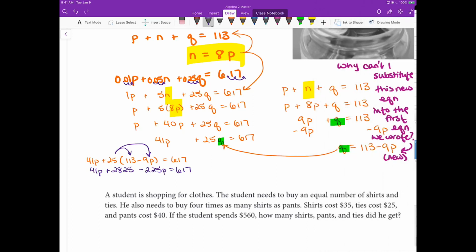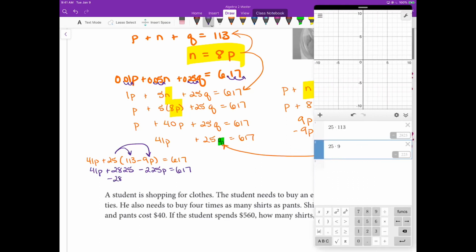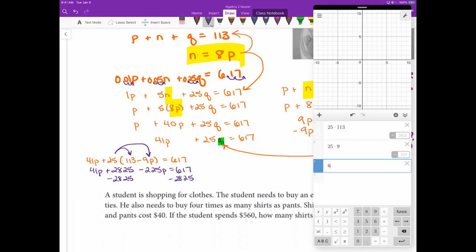We don't need the calculator anymore. Maybe we will. So subtract 2825 from both sides. So 617 minus 2825, and we get 41p minus 225p equals negative 2208.